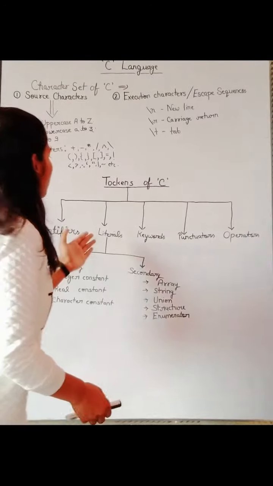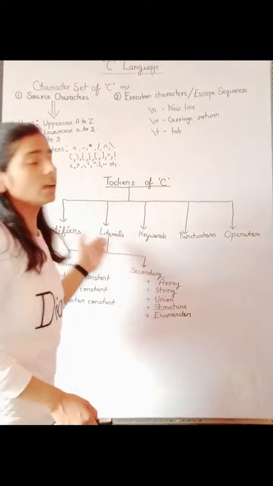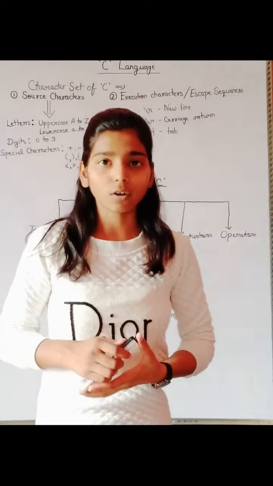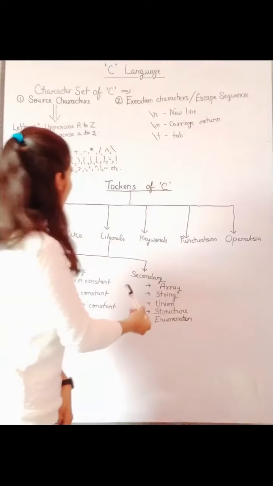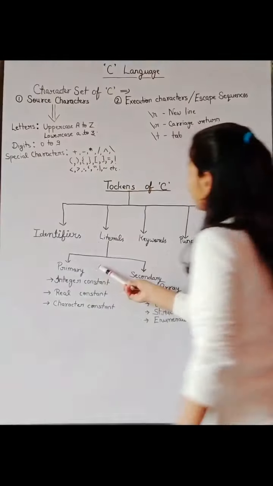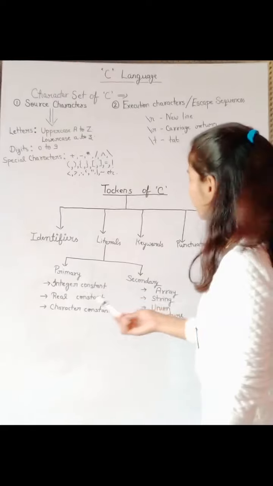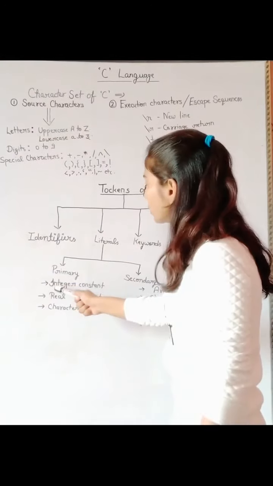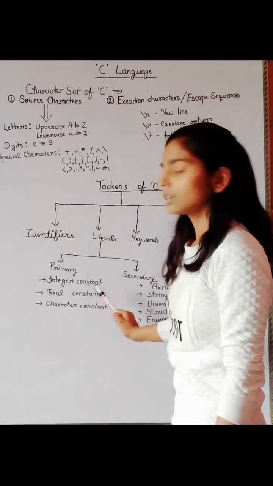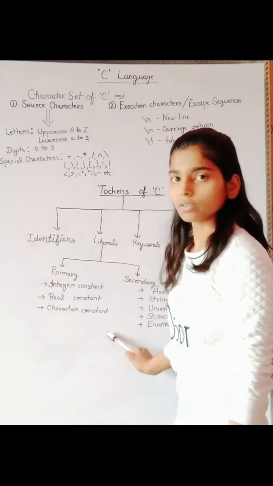Now let's move to the next, that is literals. Literals are also known as constants. These are categorized into two parts, primary and secondary. Primary are further categorized into three parts: integer constant, real constant and character constant.